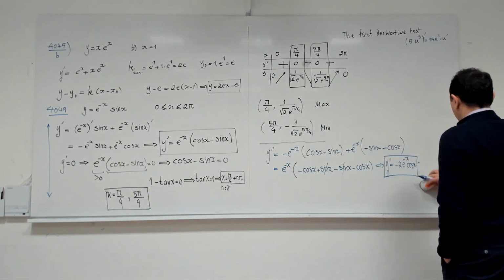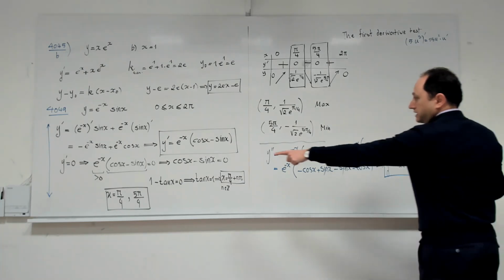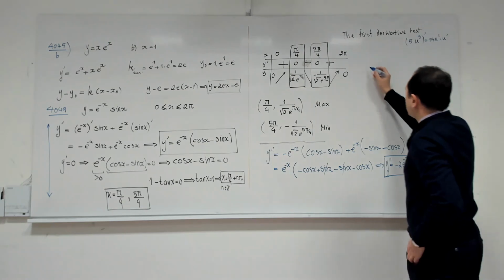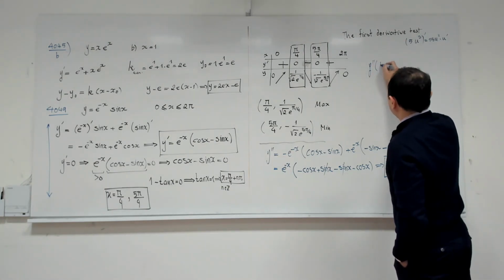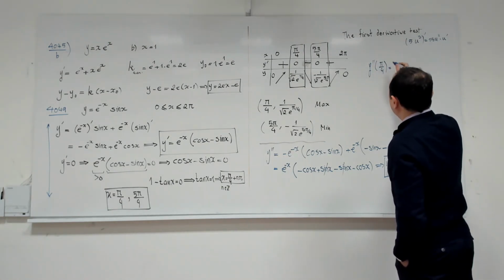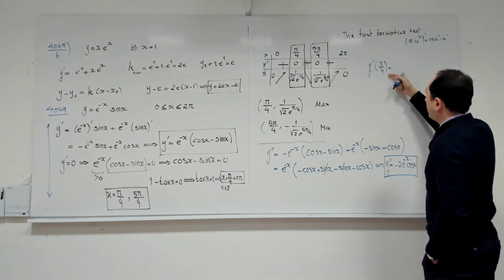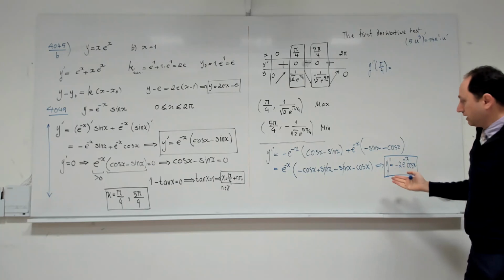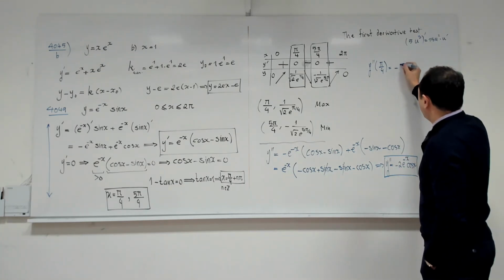So what I can do now, I take, for example, pi over 4 and put it in the second derivative. So y double prime at pi over 4, I should not calculate. You have to only convince yourself if it is positive or negative. You really don't need to calculate the number. So here it becomes minus 2.